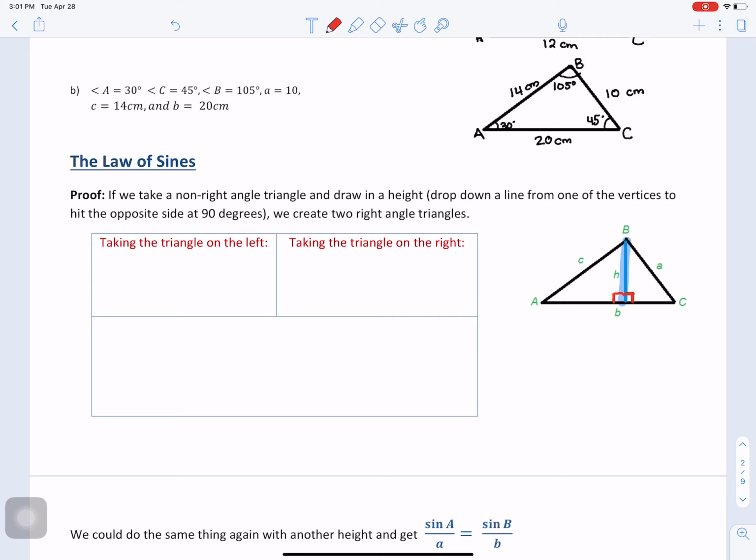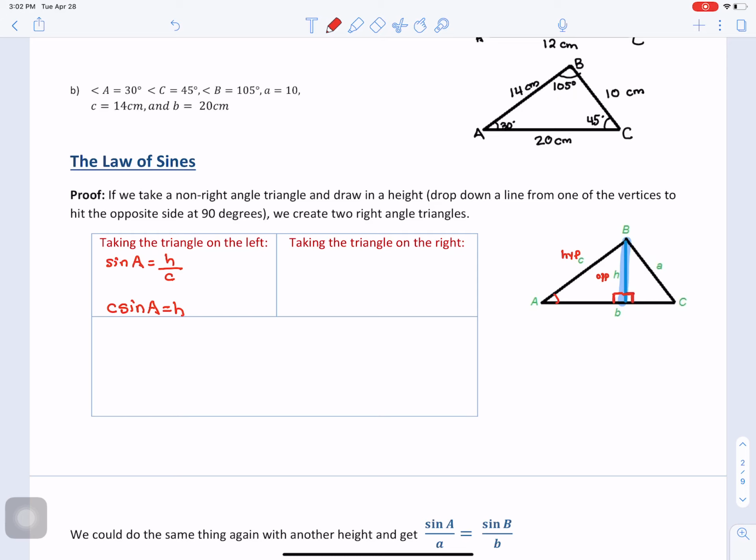So what I'm going to do is take the triangle on the left and do the sine of the triangle. So there's my angle A, h is the opposite, and c is the hypotenuse. So I'm going to say sine of angle A is equal to my opposite over my hypotenuse, which is c. And I multiply both sides by c, so c sine A is equal to h.